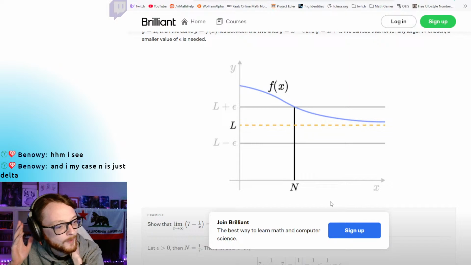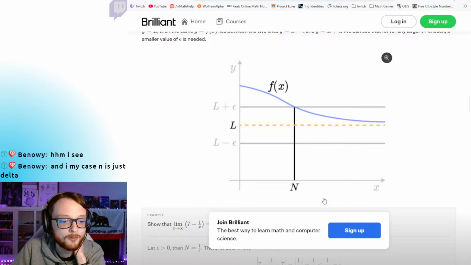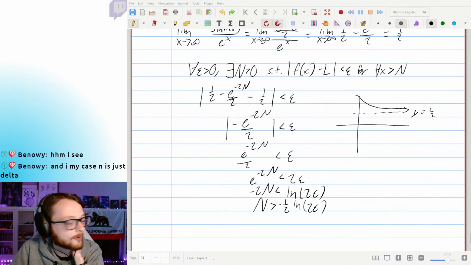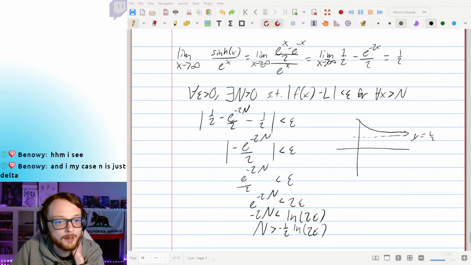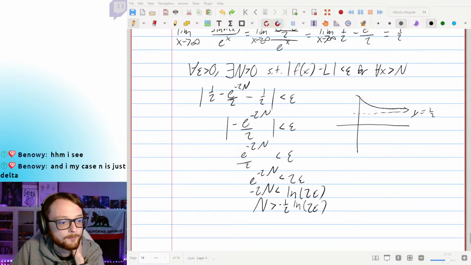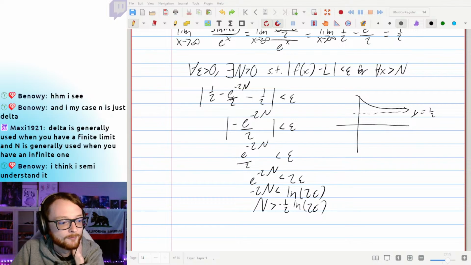Yeah, so your class might be using different variables or different names for the same things. But either way, n or delta is going to be your cutoff point. And there is a second piece of this.